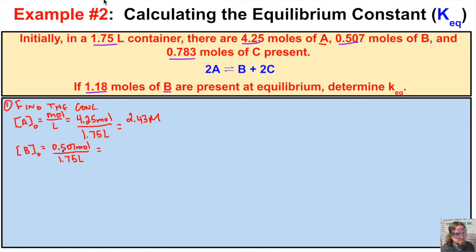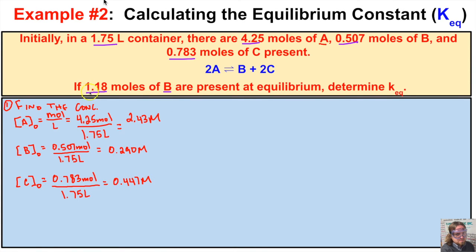And when we put this in our calculator, we are going to end up with 0.290 as our initial concentration of B. Let's take a look at the initial concentration of C. To get the initial concentration of C, it looks like we have 0.783 moles divided by the volume of our container, which is 1.75 liters, and we'll end up with a concentration of 0.447 molar, or 0.447 moles per liter.